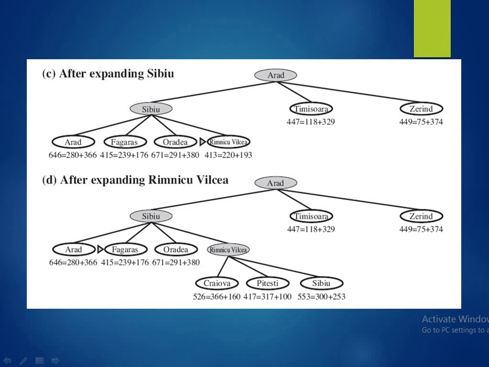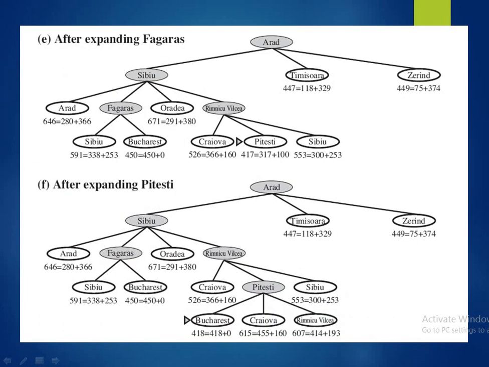The cost of all these cities is 526, 417 and 553. Here we will expand Făgăraș also, as it also has the lowest value. So again from Făgăraș there are two cities, that is Sibiu and Bucharest, and the cost of these two cities is 591 and 450.